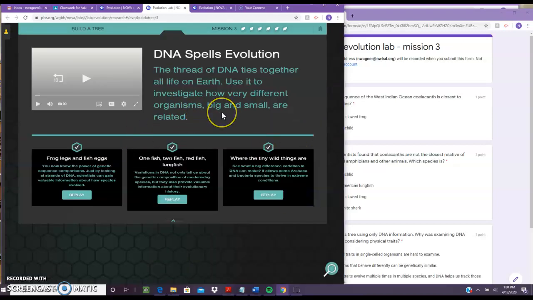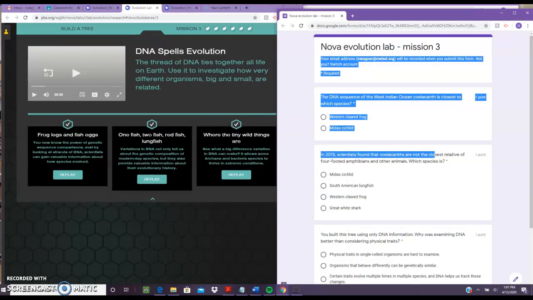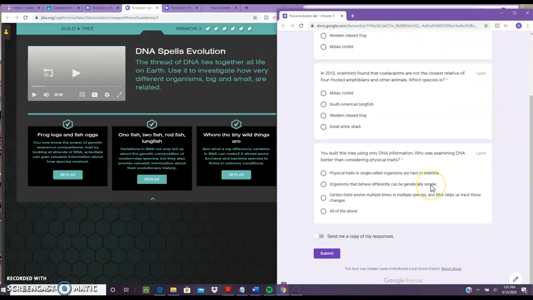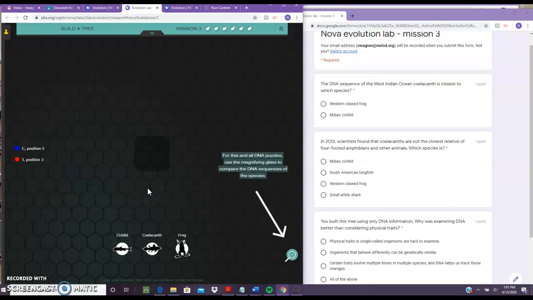So if I click on mission 3, notice there's 3 steps to this, which correspond to the 3 questions in the Google form. Okay? If I click on this first one, all of these are going to be dealing with DNA today. You're going to see traits that say base C at position 2, base T at position 3, that kind of thing.